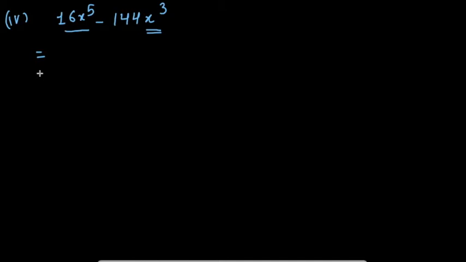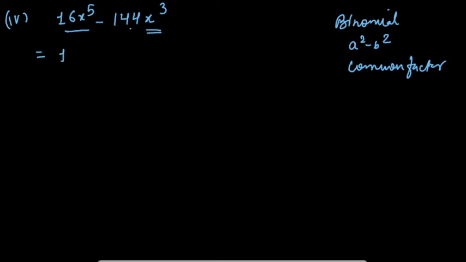So what I can do, I'll see what is common, because in binomial, whenever we have a binomial expression and we are not able to solve it using this identity, the first thing we will write the common. We'll take the common. So what are the common factors? If you see 16 nines, we know is 144. So I can take 16 as common from here. X raised to the power 5 and x raised to the power cube, x raised to the power cube is common.